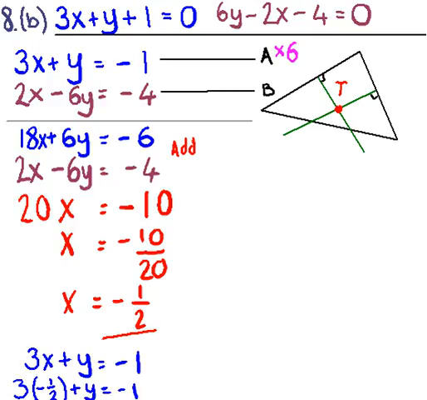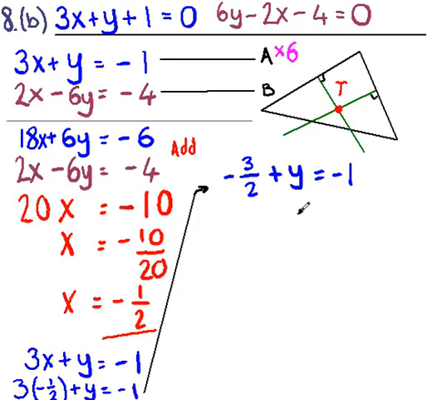So we're beginning to run out of space down here. So we'll finish it off up here. 3 times minus a half gives us minus 3 over 2 plus y equals minus 1. So what we want to do is move our minus 3 over 2 onto the right hand side.